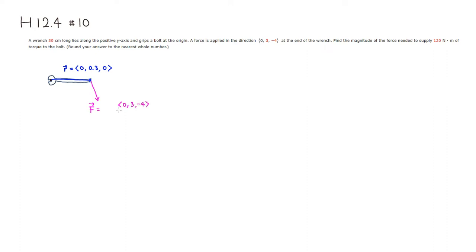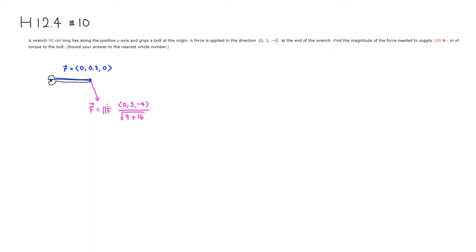Then we would have to divide it by its length. So it's the square root of 0 squared is 0, 3 squared is 9, and -4 squared is 16. This gives us a unit vector in the direction of the force, then multiply by whatever the magnitude of the force is, which we don't know.